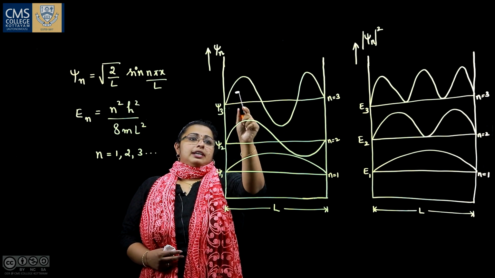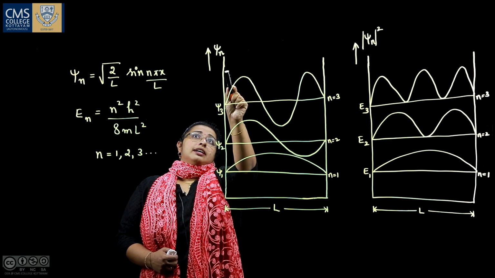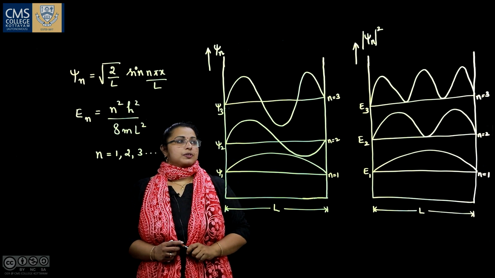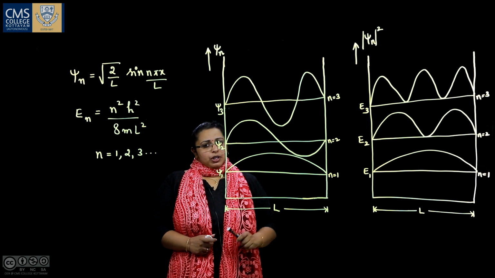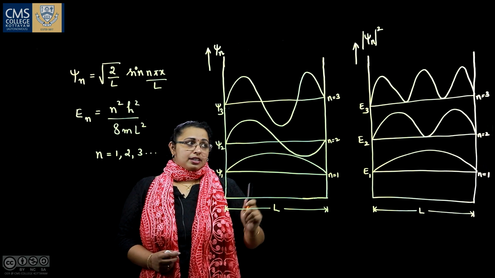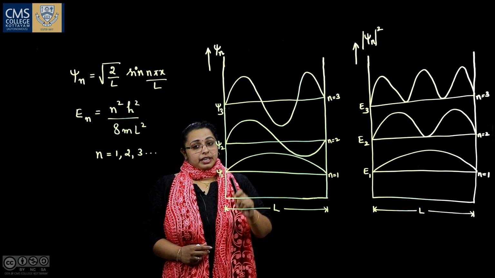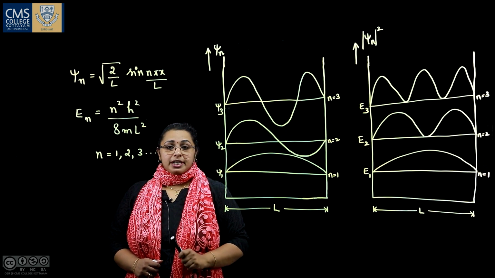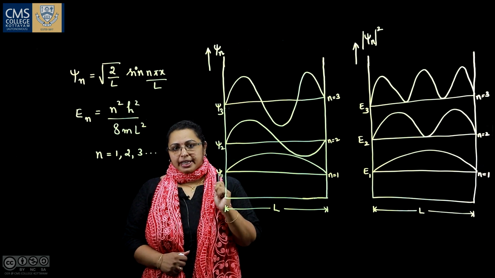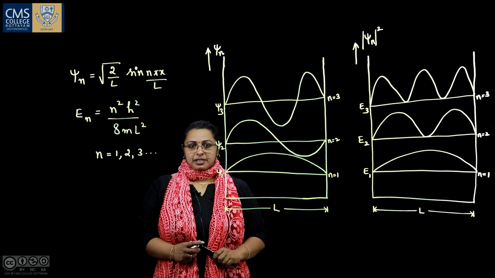Here you can understand that psi n is taking both positive and negative values. When we go to psi n square, you can see that it takes only positive values, and it gives you the probability of finding the particle, this electron which we had kept inside the box.